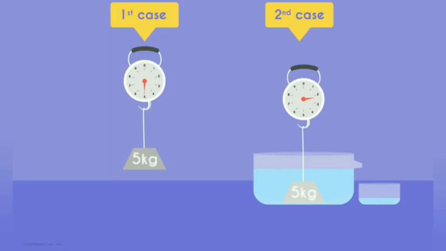Why is that? It is because, students, of the buoyant force acting on the object. You would have noticed that some water was displaced. Now in this context, we can say that the weight of this displaced water is equal to the magnitude of the buoyant force acting on the object. That is the Archimedes principle.